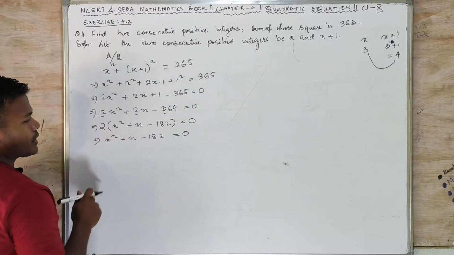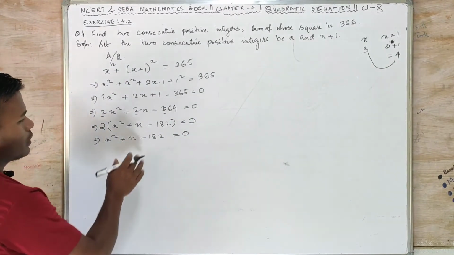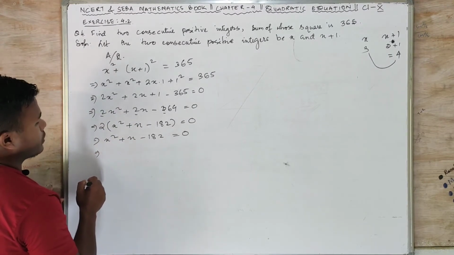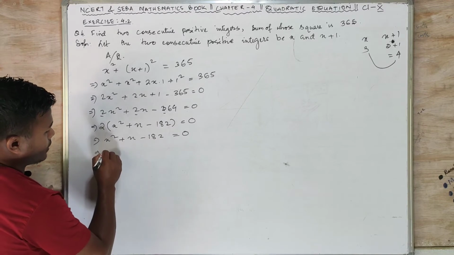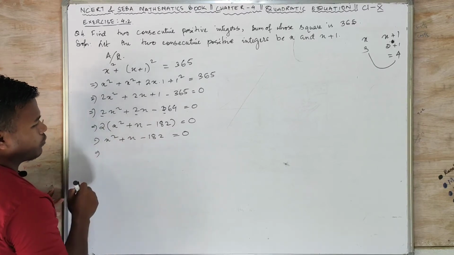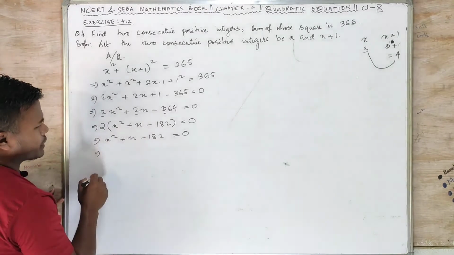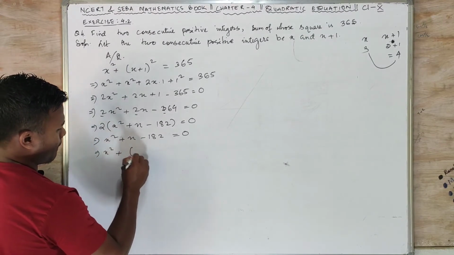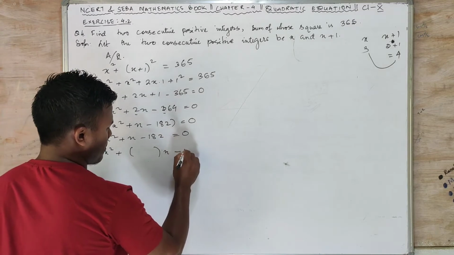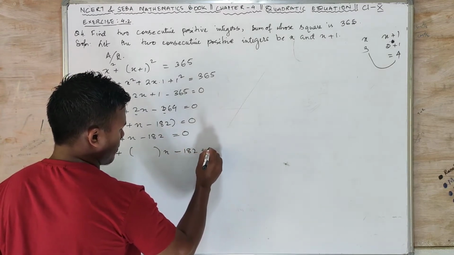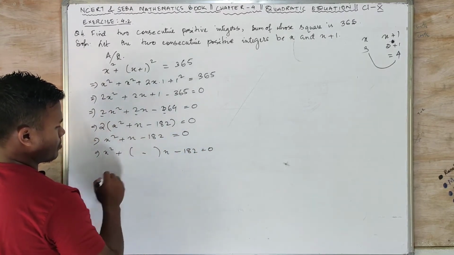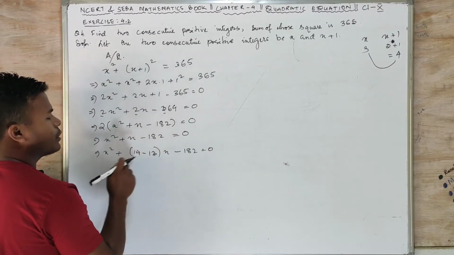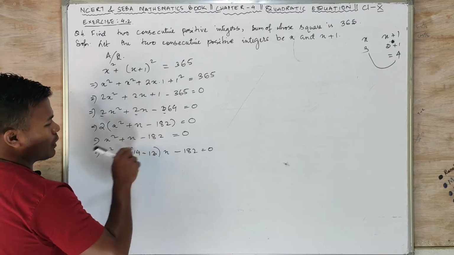Now x square plus x minus 182. These types of equations you have got even in the previous problems. So you have to solve with middle term factorization and get the x value. 13 into 14, if you multiply, it will become 182.